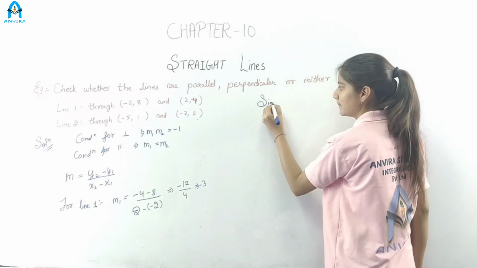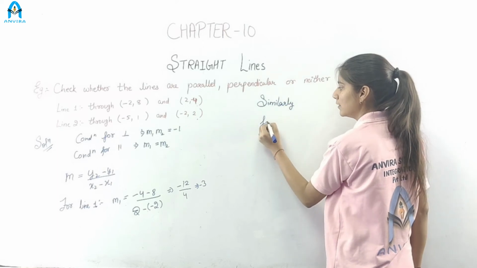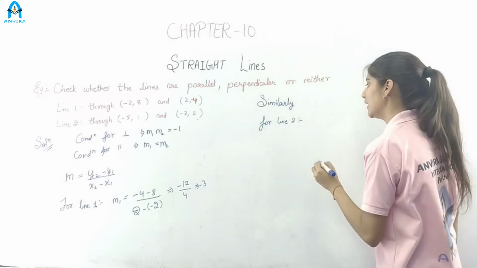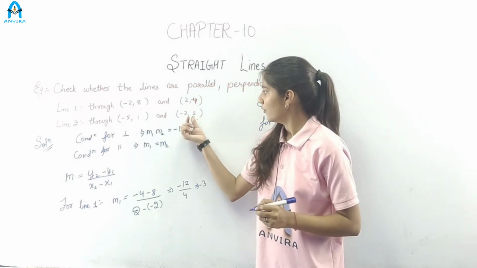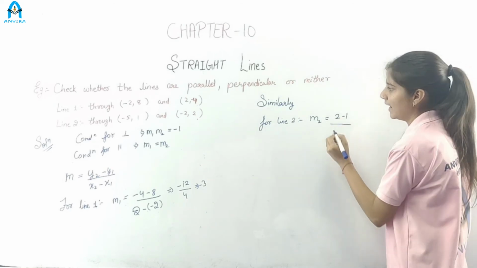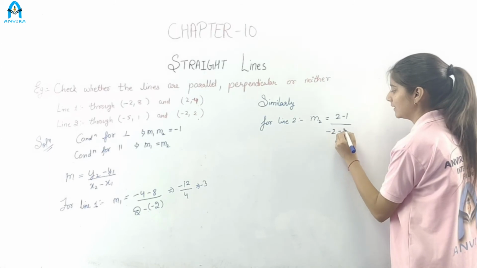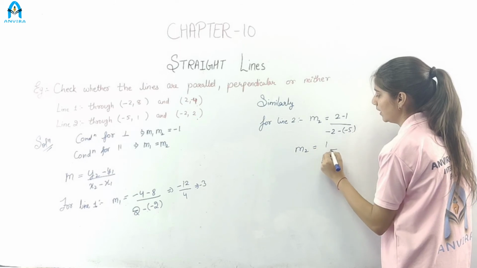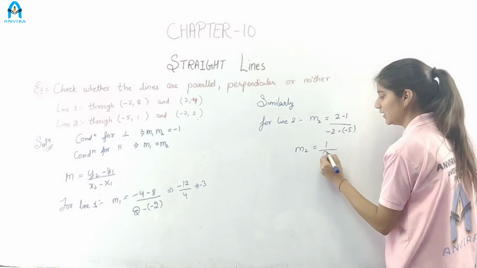Similarly, for line 2, m2 is given by y2 minus y1, that is 2 minus 1, and x2 minus x1, that is minus 2 minus 5, so m2 is equal to 1 upon minus 2 plus 5, that is 1 by 3.